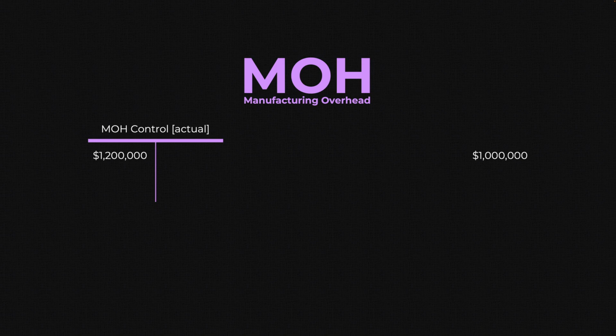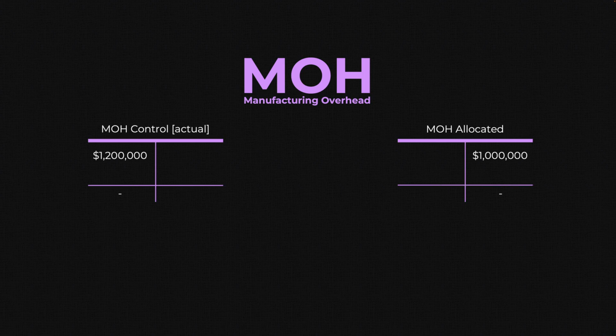On the right, we can have another T account, and we'll call this the MOH allocated. This is the amount of manufacturing overhead that is allocated to all of this business's jobs based on the cost allocation base. Now, at the end of a period, both of these accounts should be closed to zero.